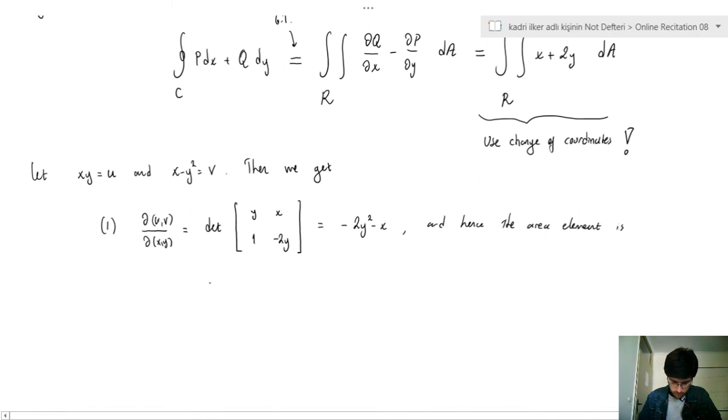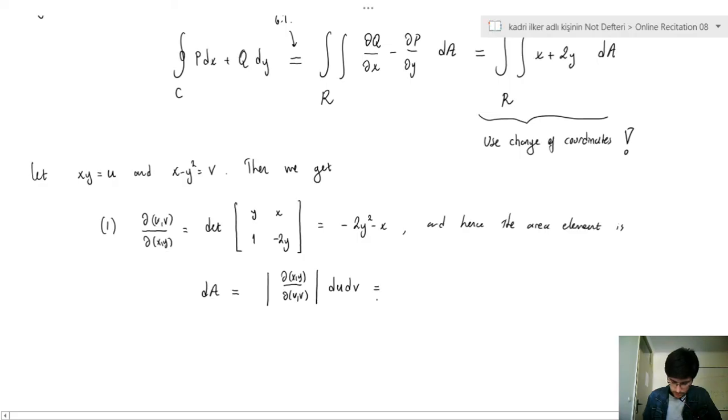is as follows. So we need dA. We need to understand how to express dA in terms of u and v. And remember, this can be done by just looking at this, the absolute value, and this turns out to be du dv.